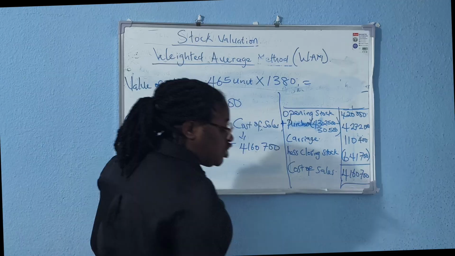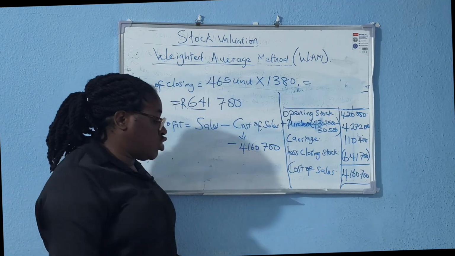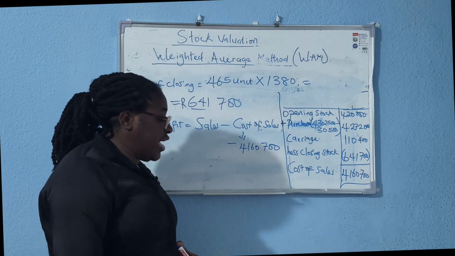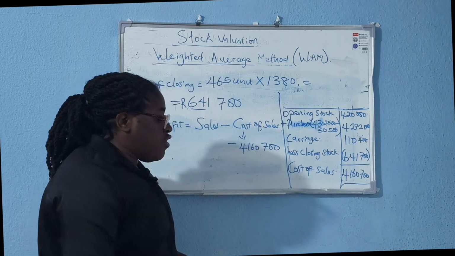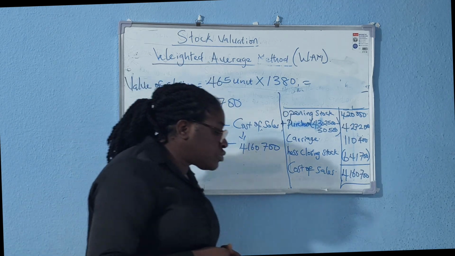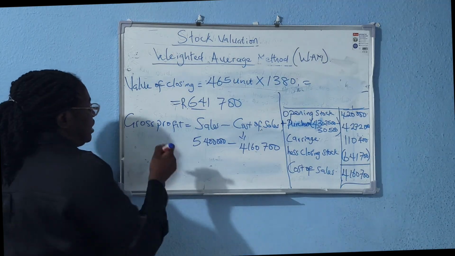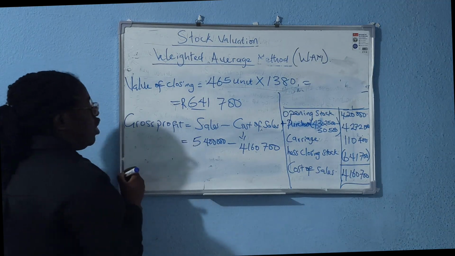So now I need to calculate my sales. Now, if you check your question, information C gives you the total sales. It says you have the total sales of 5,400,000. So we can easily get our gross profit.